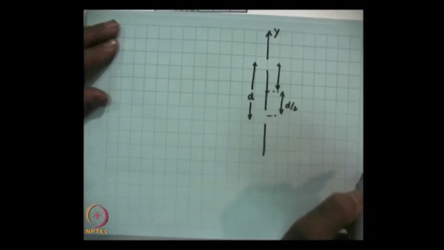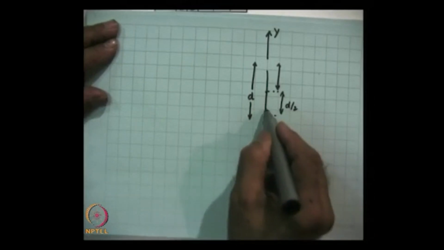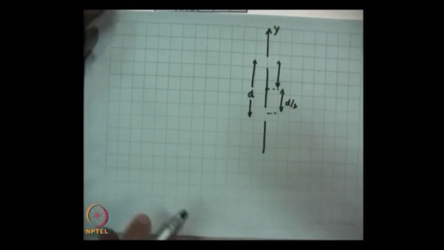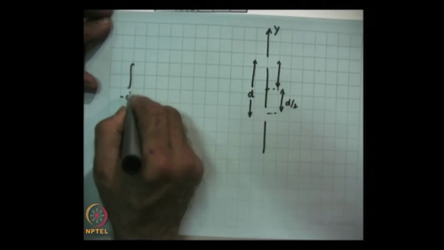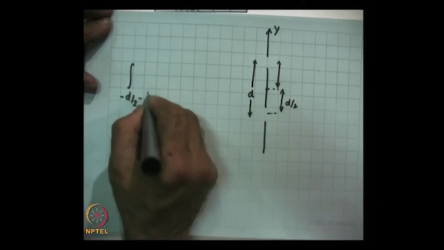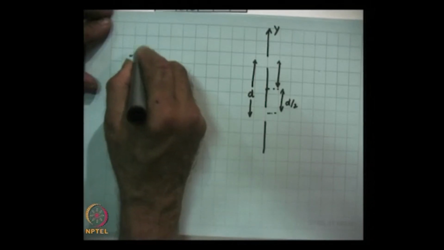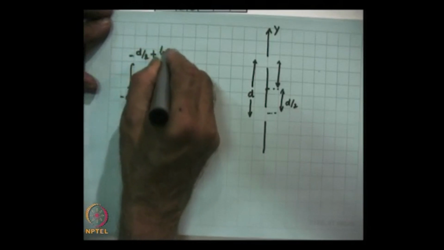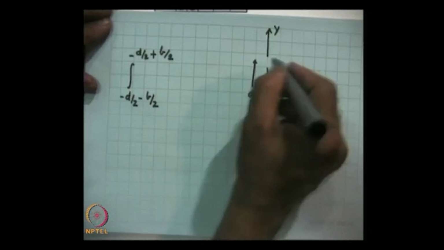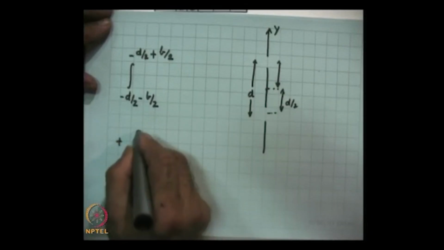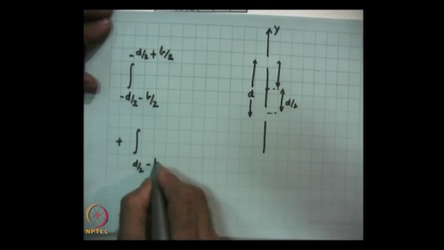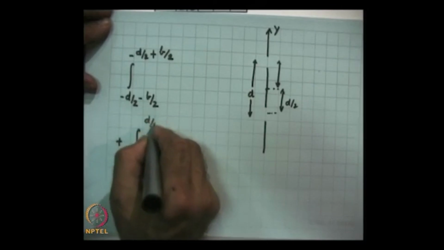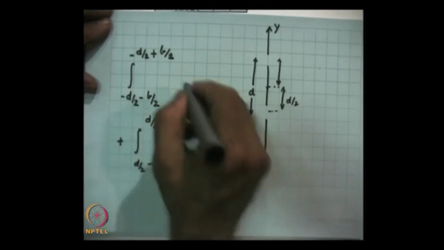This is my y axis, and if I assume the origin to be here, then for the first slit the integral will be from minus d by 2 minus b by 2 to minus d by 2 plus b by 2, and for this slit it will be from d by 2 minus b by 2 to d by 2 plus b by 2.